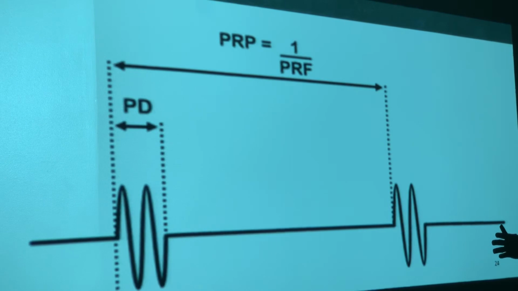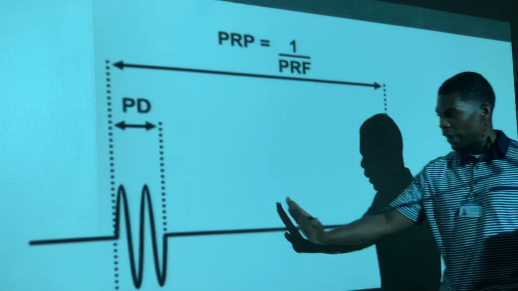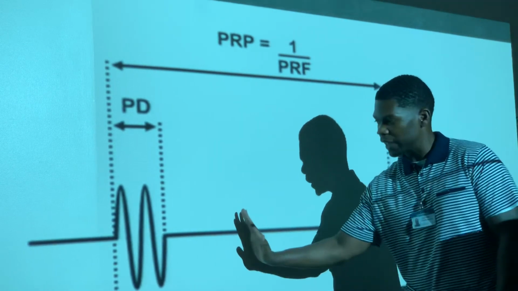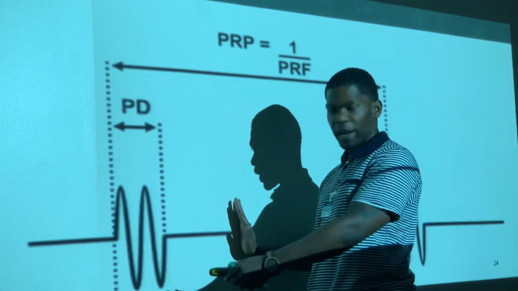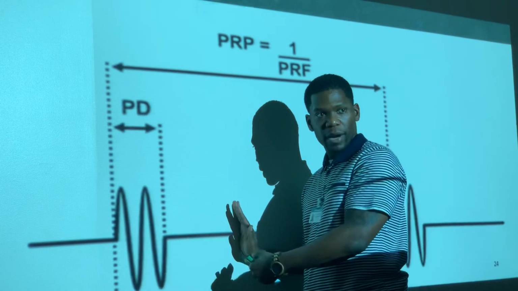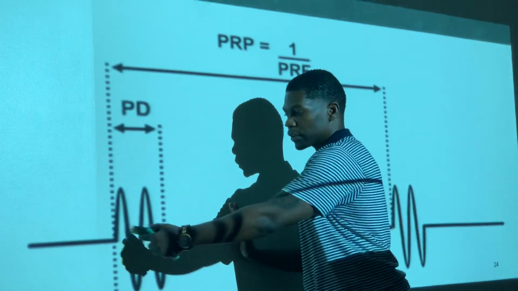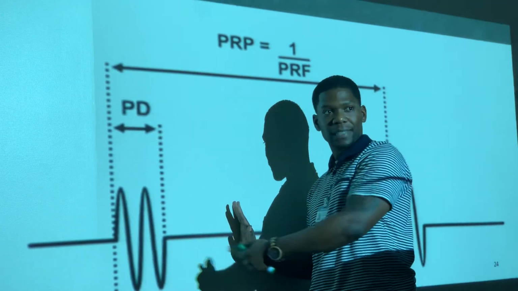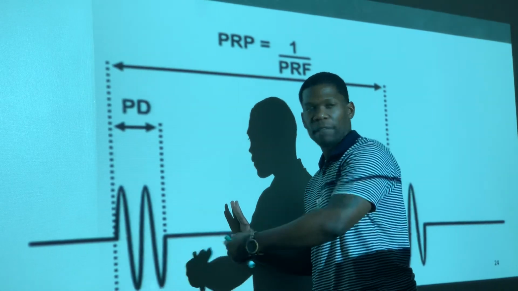If my listening time ended right here, then my duty factor will be about 50%, because my pulse is about equal to my listening time. So it'll be about 50%.